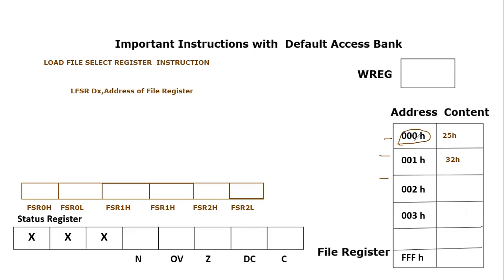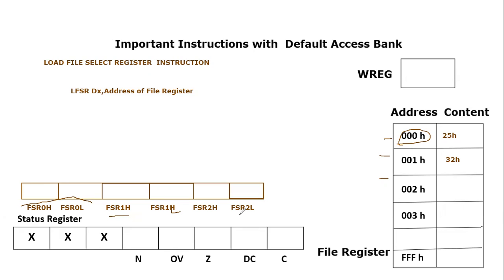For this purpose, in the special function registers, there are six SFRs: FSR0H and FSR0L, they both constitute file select register 0, then FSR1H and FSR1L constitute file select register 1. Similarly, FSR2H and FSR2L constitute file select register 2.